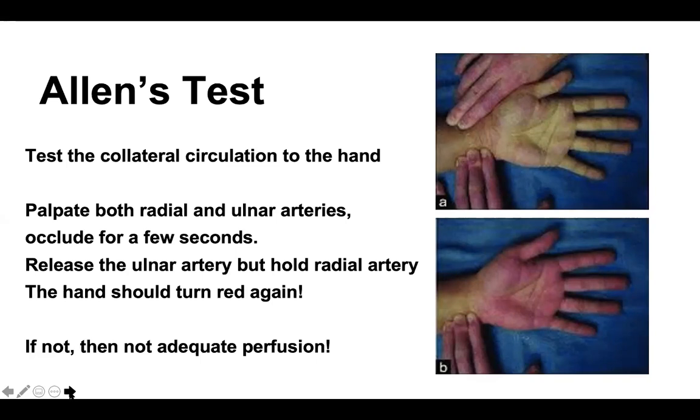If the hand remains pale or cold, then you shouldn't use that hand, because that would suggest you don't have adequate perfusion in that hand. You can get complications such as ischemia and fistulas, which can be quite nasty for the patient. It's really important that you do that prior to this procedure and document your findings.